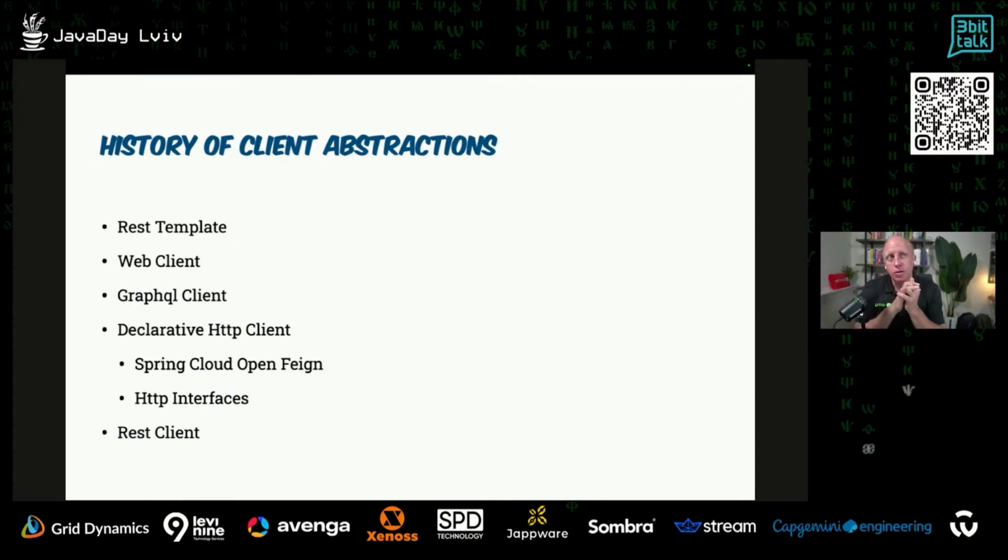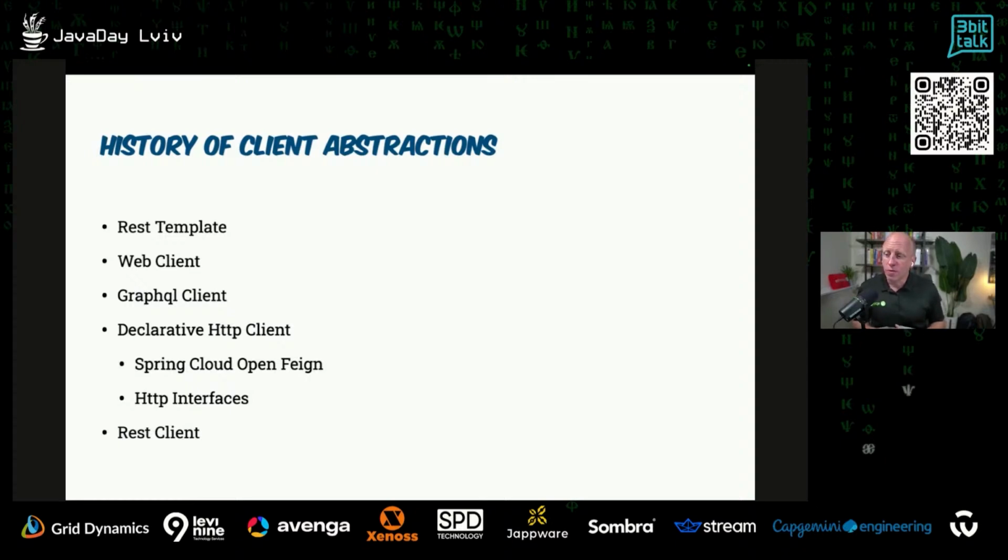That web client turned out to be this fluent API. It was asynchronous. It had a whole bunch of nice features. And people really enjoyed using the web client, so much so that in their declarative Spring MVC applications, they would bring in the web client as an external dependency and use the blocking mechanism on it, because it was nice to use. It was easier to use than the REST template.